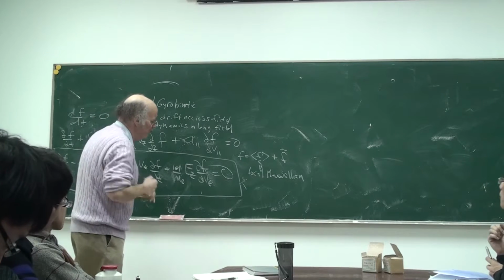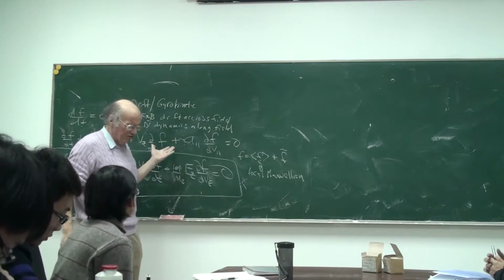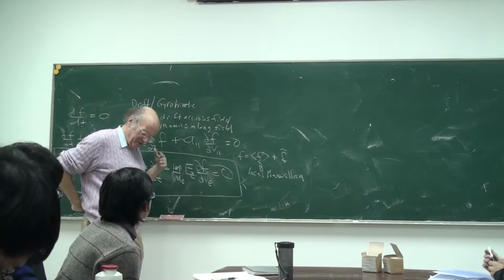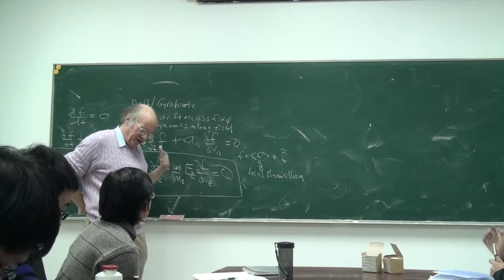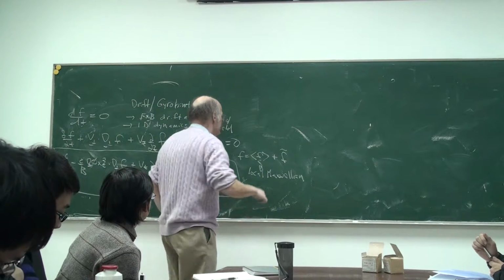So this is the usual assumption that the fluctuation dynamics are collisionless, but on some longer time scale, collisions enforce a mean distribution that's a local Maxwellian.